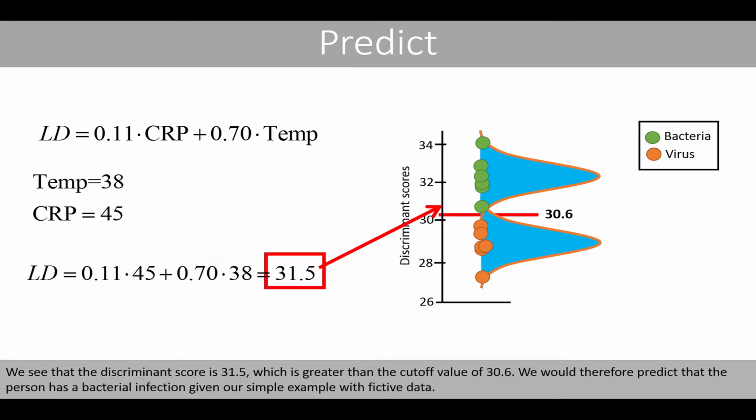We see that the discriminant score is 30.5, which is greater than a cutoff value 30.6. We would therefore predict that the person has a bacterial infection given our simple example with fictive data.